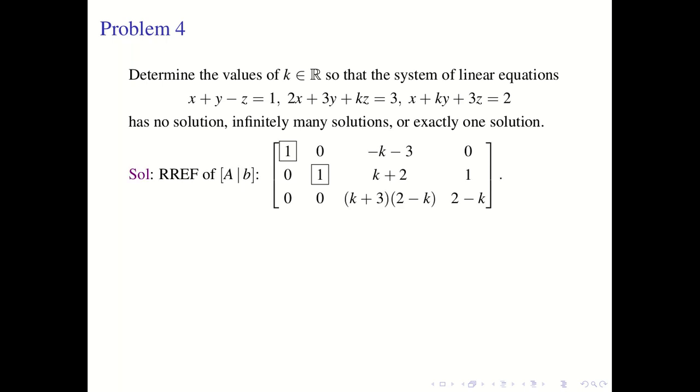So if I take the augmented matrix AB and reduce it to row reduced echelon form, then what you get is this matrix.